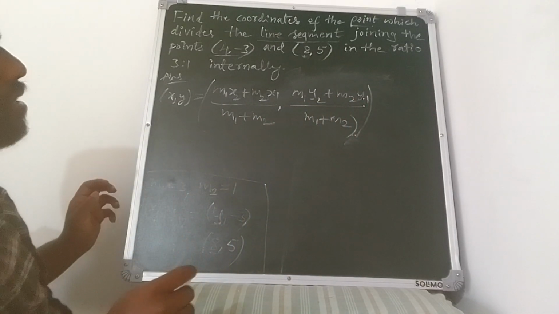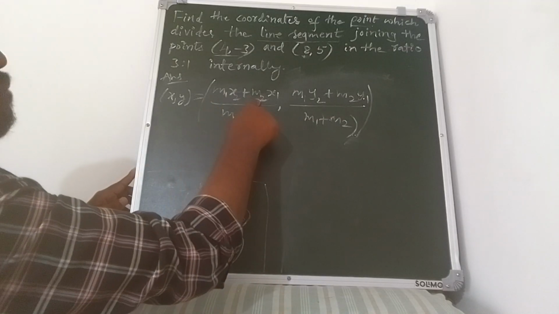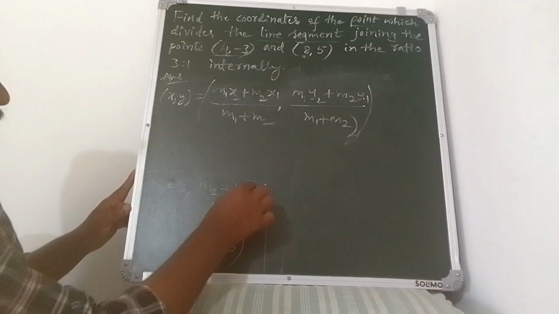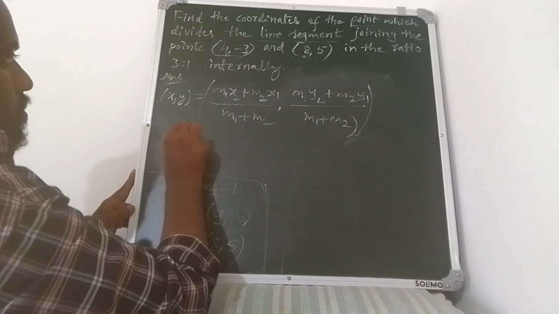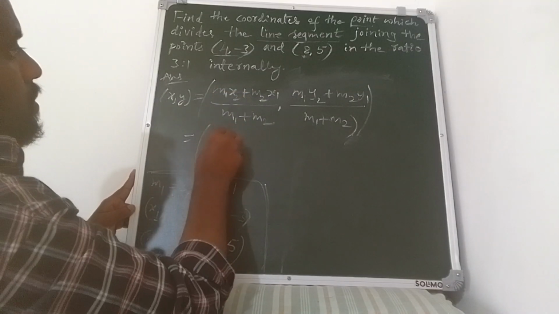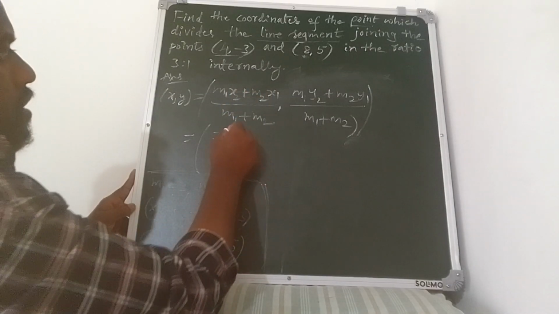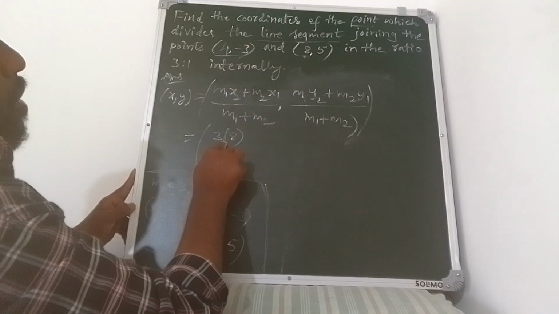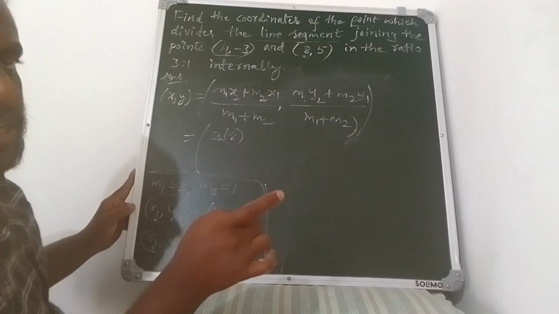Next step is, we just need to substitute the values. We know m1, m2, x1, x2, everything we have here. In place of m1, 3; x2 is 8, and the bracket of 8 means 3 into 8. Understood?